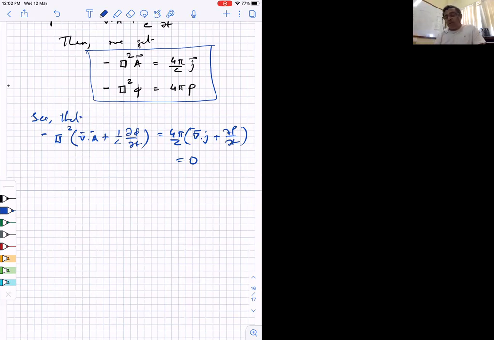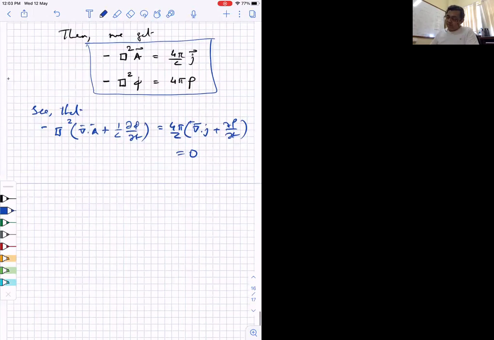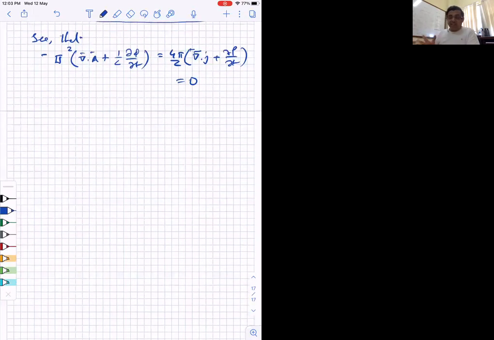Your gauge will only make your equations simpler and easier to use. So you choose a gauge, whichever you want to, so that you get equations which are easier to work with, or maybe more intuitive to work with, depending on what kind of problems we have. Now, for radiation, or radiation from moving charges or whatever.